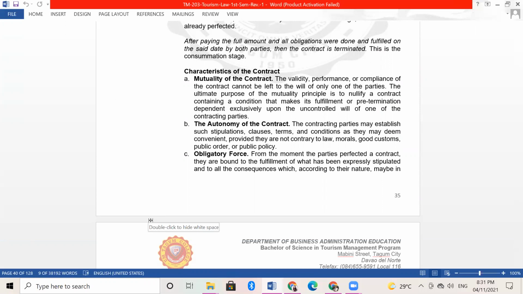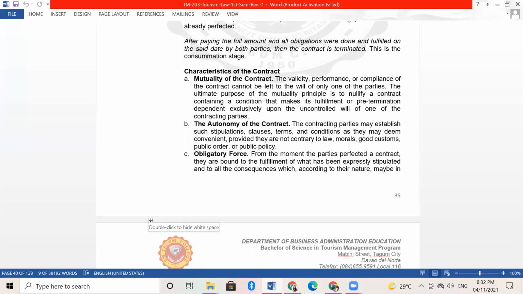So next we will be discussing the characteristics of the contract, and the first characteristic is the mutuality of the contract. The validity, performance, or compliance cannot be left to the will of only one of the parties.